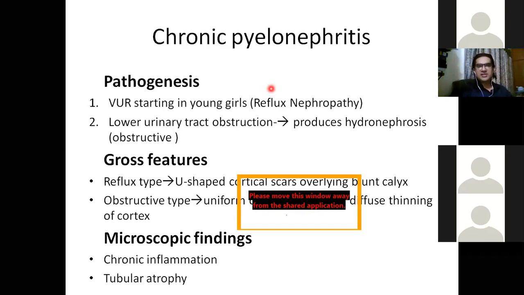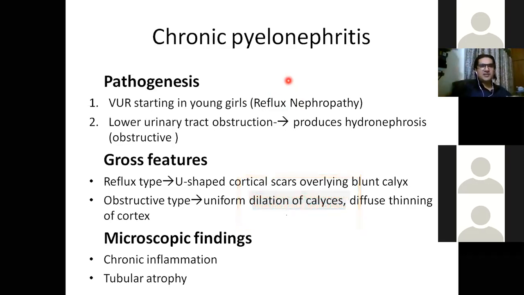So this is called reflux nephropathy. The urine goes back during urination into the kidney, and causes pressure atrophy of the renal parenchyma, which is called reflux nephropathy. And the second condition is that if there is obstruction of the urinary pathway, then it causes obstructive uropathy.